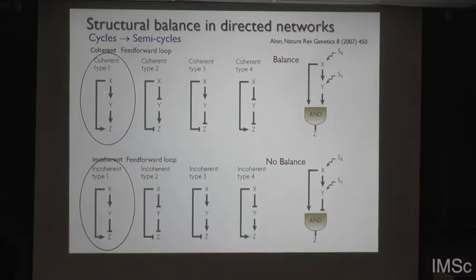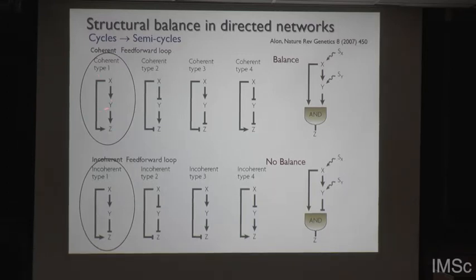So, a cycle would be one, for example, where x would give an arrow to z, z will give an arrow to y, and y would give an arrow to x, so that you have a directed loop. But in a semi-cycle, you could have a situation where x gives an arrow all the way to z, and x also has an indirect path to z via y. So, this would correspond to a semi-cycle.